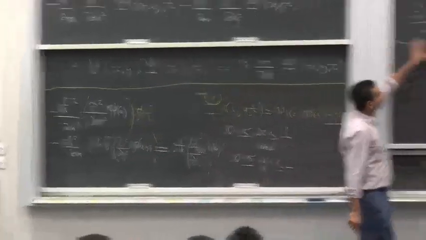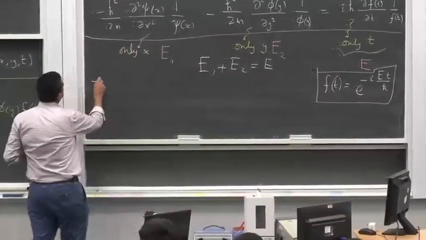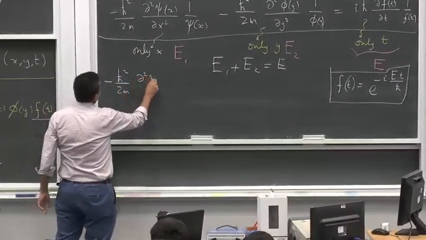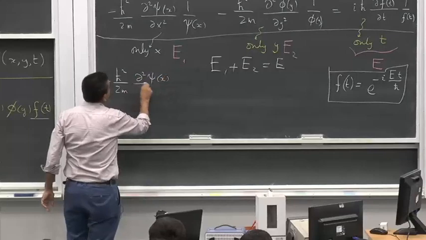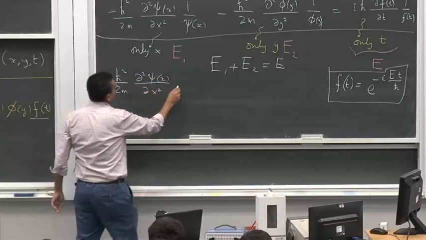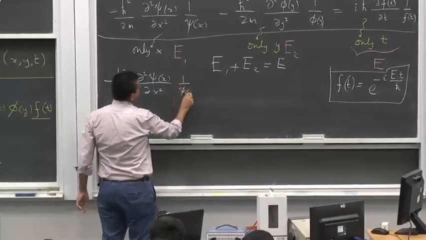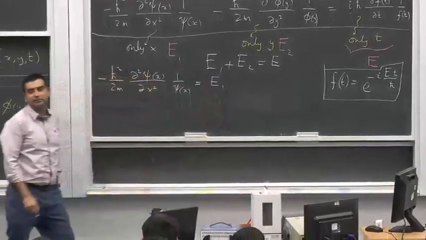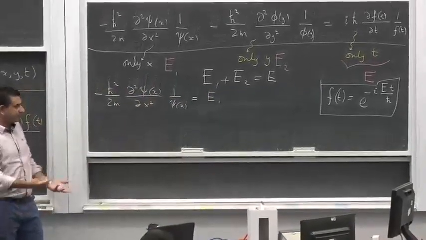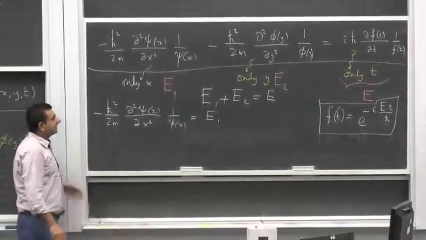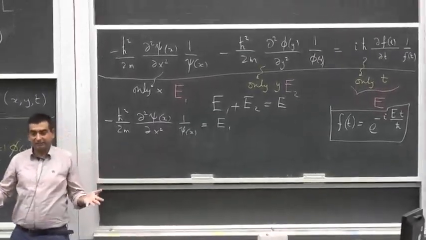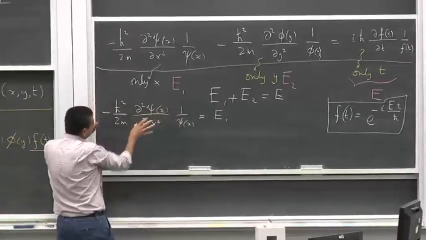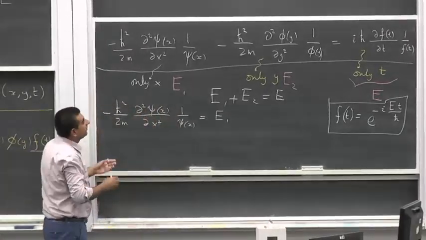Now one equation is simply minus h bar squared over 2m, partial squared psi(x) over partial x squared, times 1 over psi(x), equals E1. Now I can manipulate this equation, and since I only have x's here, this entire term seems to be a function of x, but really it isn't.